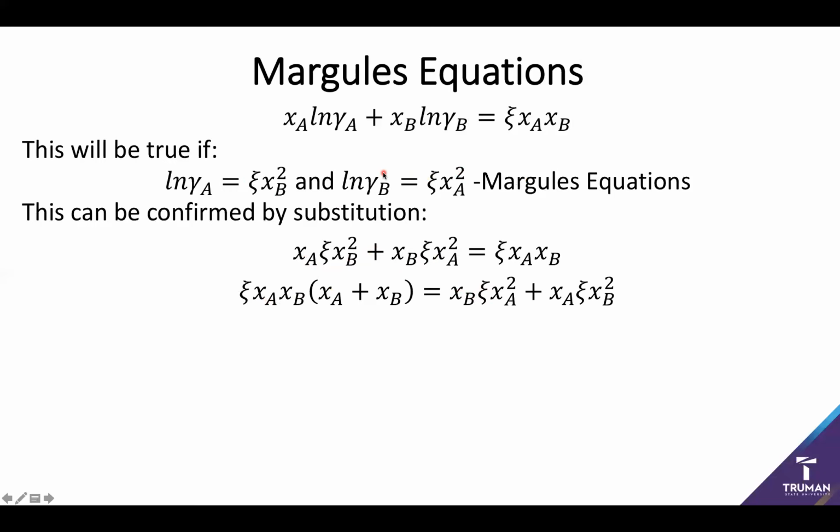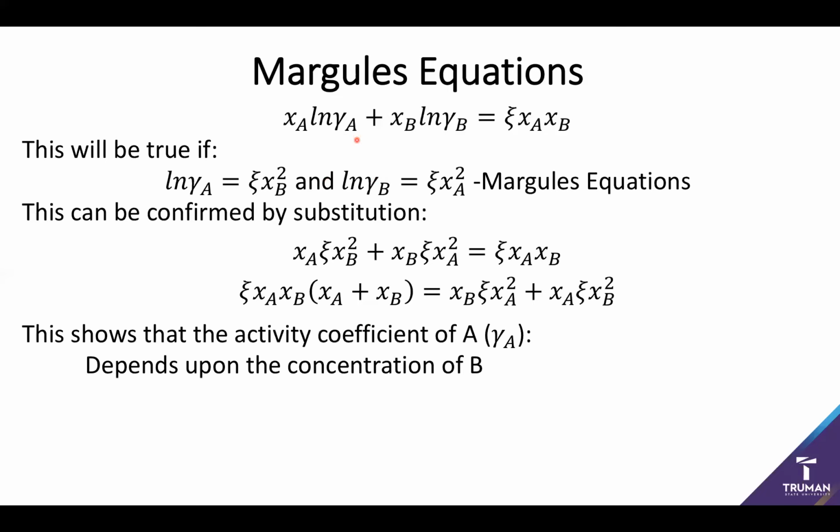And this actually ends up being really cool because it tells us a lot about the activity and, most importantly, the activity coefficients of a species. So let's go ahead and take a look at the activity coefficient of A. So we find out four really cool things.